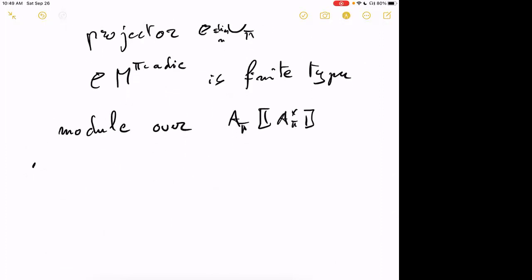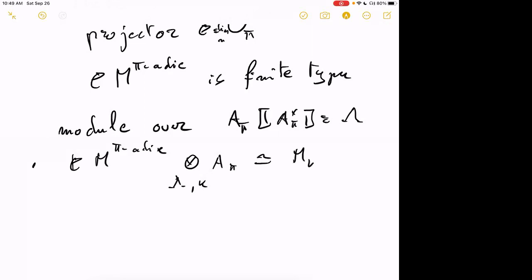And the other good news is that if I take this ordinary module and tensor, let me call this Lambda, over Lambda in weight k with A_pi, I get back the weight k forms, which are pi-ordinary.